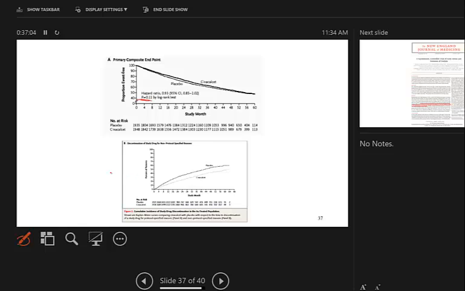This is the graph below. It's showing the cumulative percent of protocol violation. When you see the placebo group in the first year, at months 0, 4, these are study months, more people start using cinacalcet, and they're supposed not to use it because they're randomized to placebo.